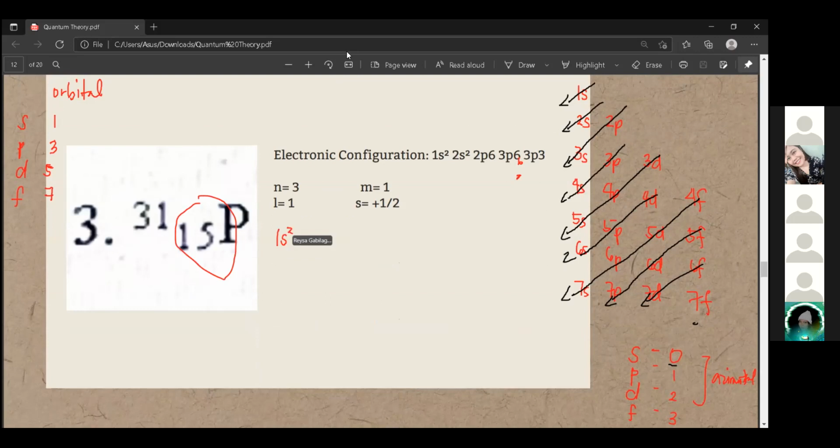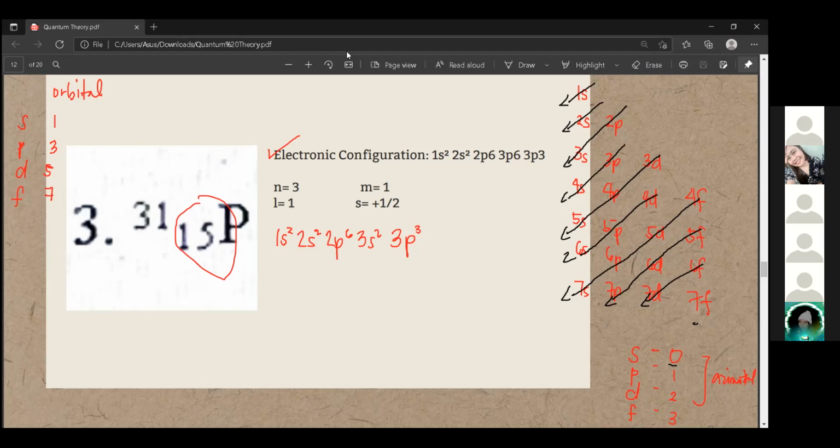Always start with 1s2, 2s2, what's next? 2p6, 3s2, pila na siya? 10, 12, tatlo na lang kulang. After 3s2, it's 3p. It's 3p pero tatlo na lang again ang kulang. So no need to write 6 ha. 3p3 na lang talaga siya. So this one is correct. 1s2, 2s2, 2p6, 3s2, 3p3.